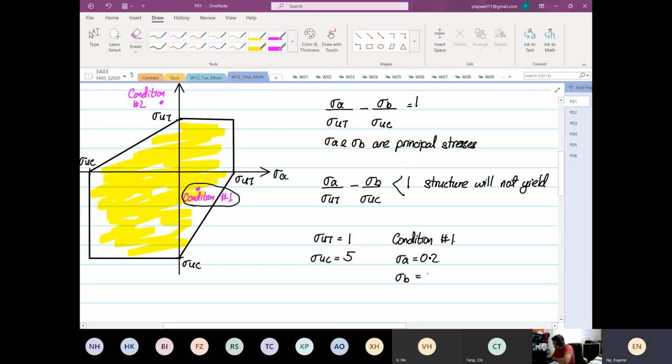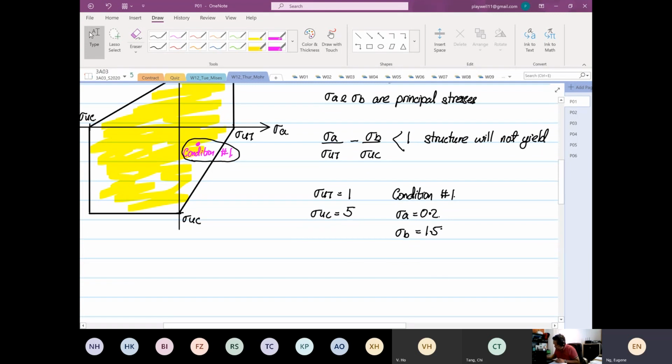So when we substitute everything in, we have 0.2. You have to put minus, because stress B is in compression. So stress A is equal to 0.2, divided by ultimate tensile, which is 1. Then the whole thing minus stress B, so this is bracket minus 1.5, divided by ultimate compression, which is equal to 5.